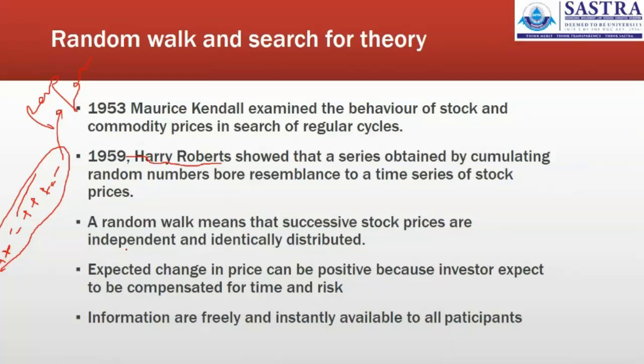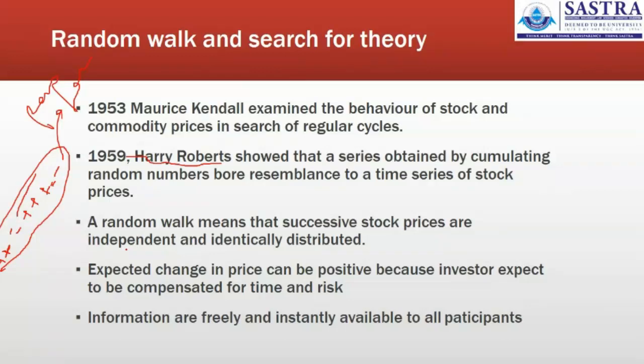On one particular day, the profit or returns may be low. The investor can wait for another day, and the returns may increase because the investor has taken a risk. The risk is compensated properly with the returns. That is the basic assumption under the random walk theory.